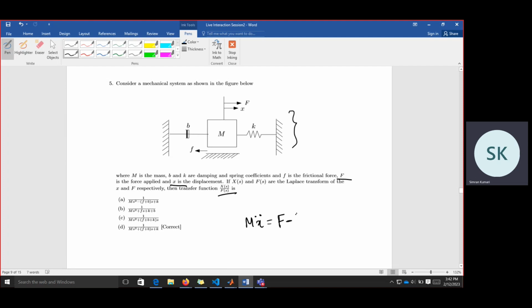So this will be b x dot, which is velocity, because the damping force is damping coefficient into velocity, minus f, and some energy will be stored as potential energy, so kx. So we can write this as m x double dot plus b x dot plus f x dot plus kx equal to f.